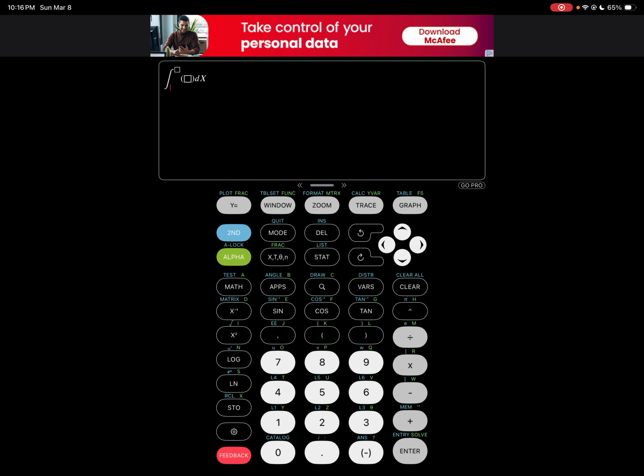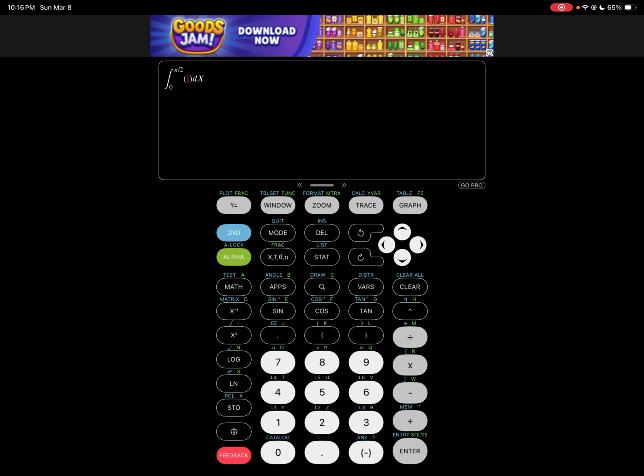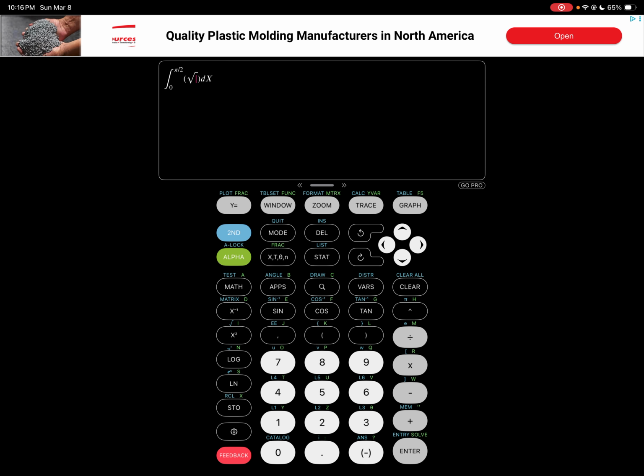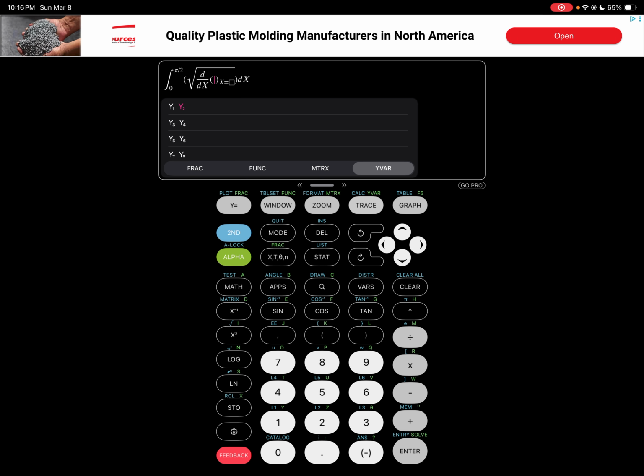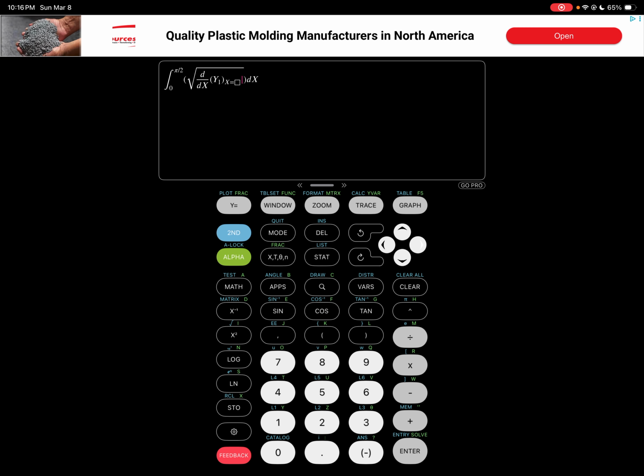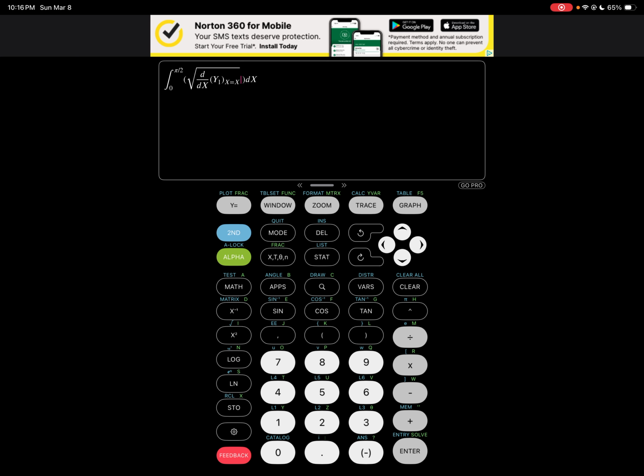So we have math 9, 0 to pi over 2. And then we have the nth derivative of y1 at x equals x. Now I gotta square this, so how am I going to do that?